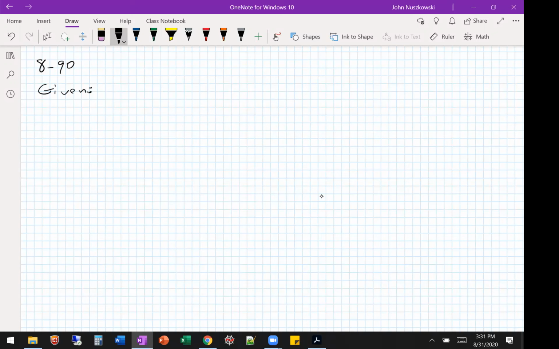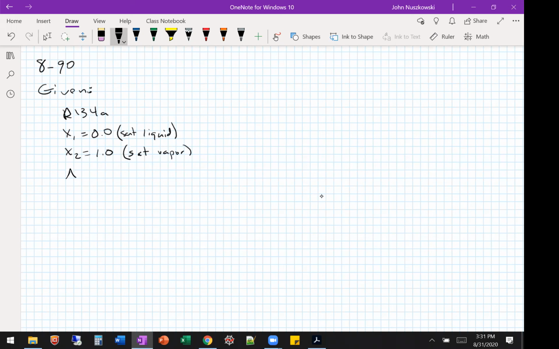Okay, so we're given R134A is our fluid. We have quality of 0 at state 1, so it's a sat liquid. And then it goes to a sat vapor, so at state 2, we have a quality of 1.